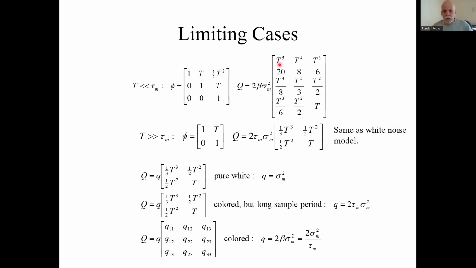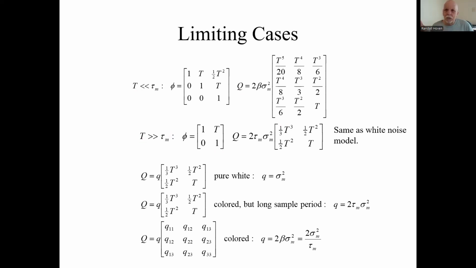And here's the corresponding limiting case for the Q. If that sample time is much larger than the maneuver's time constant, you're back to effectively a two-state state vector.